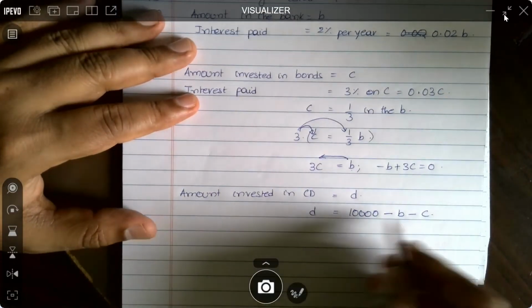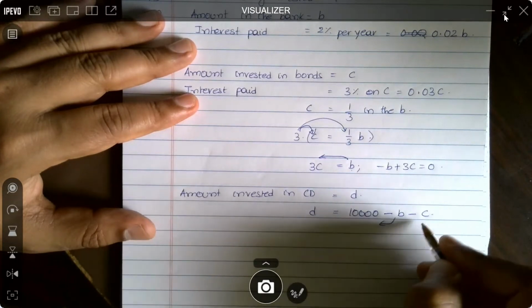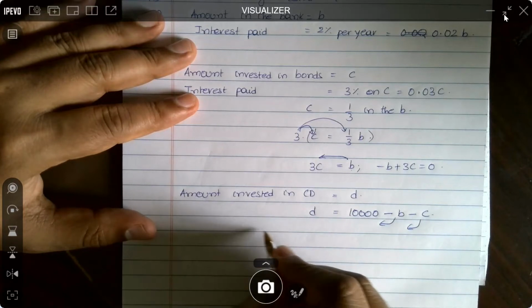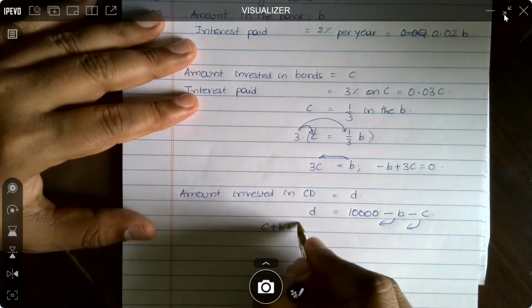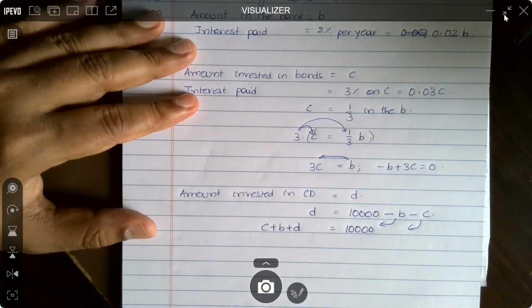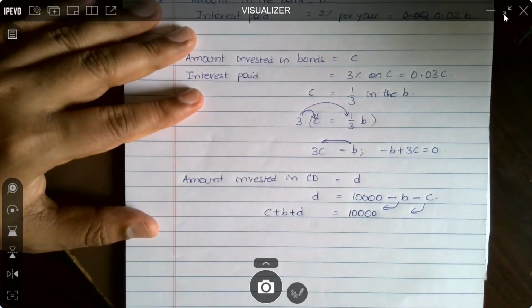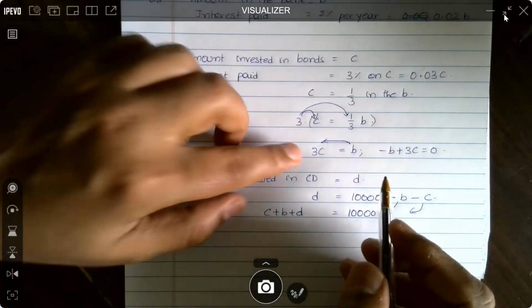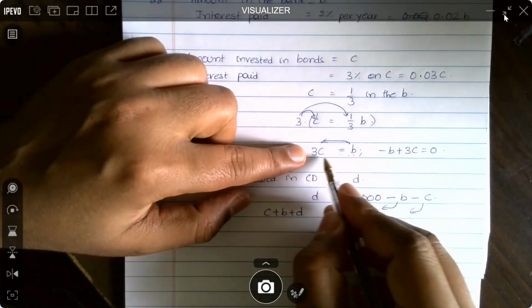If you bring all the variables to one side, you get C plus B plus D equals 10,000. I hope this is clear. Now recall B is 3C from here.